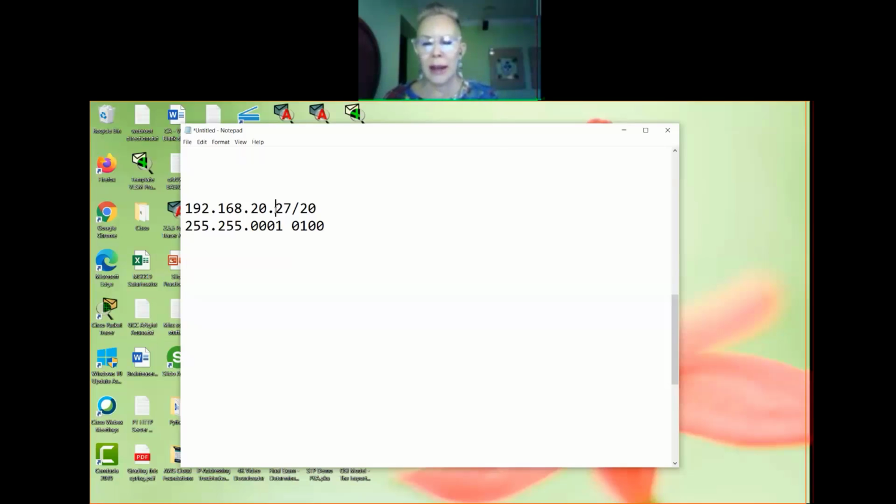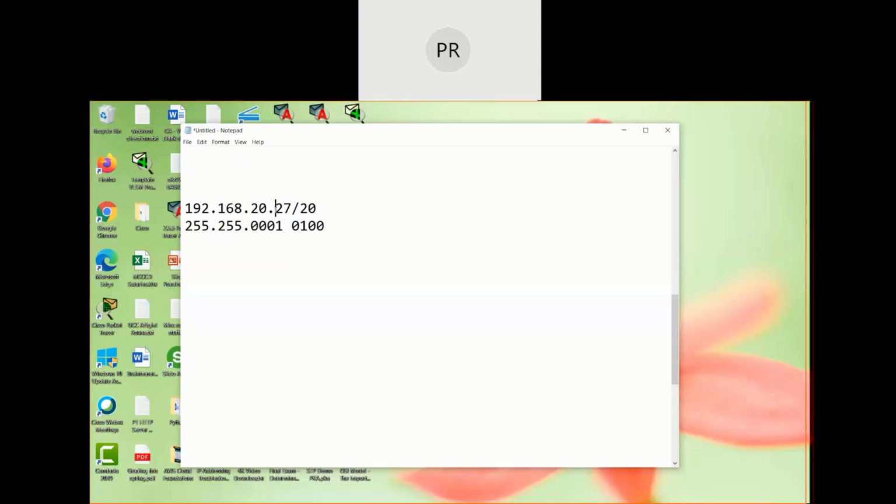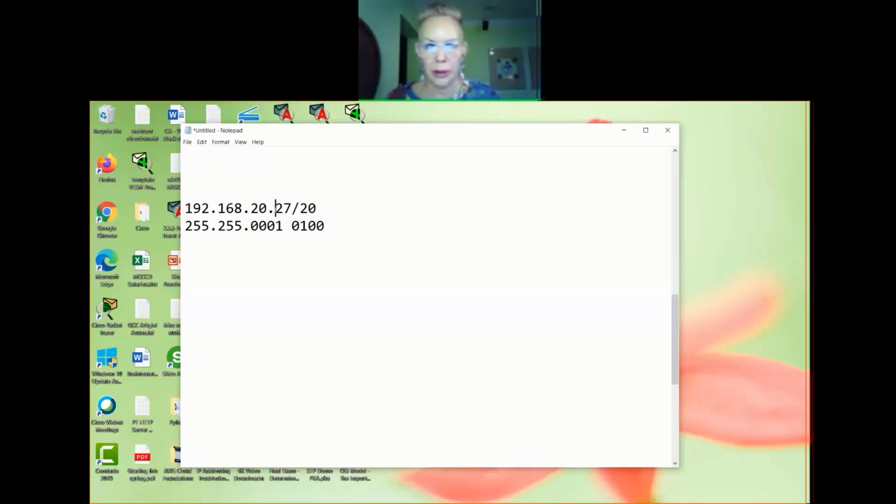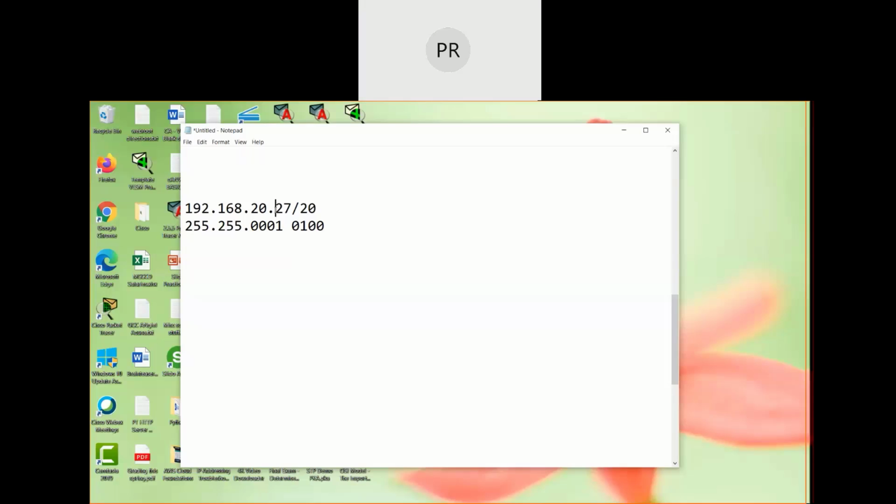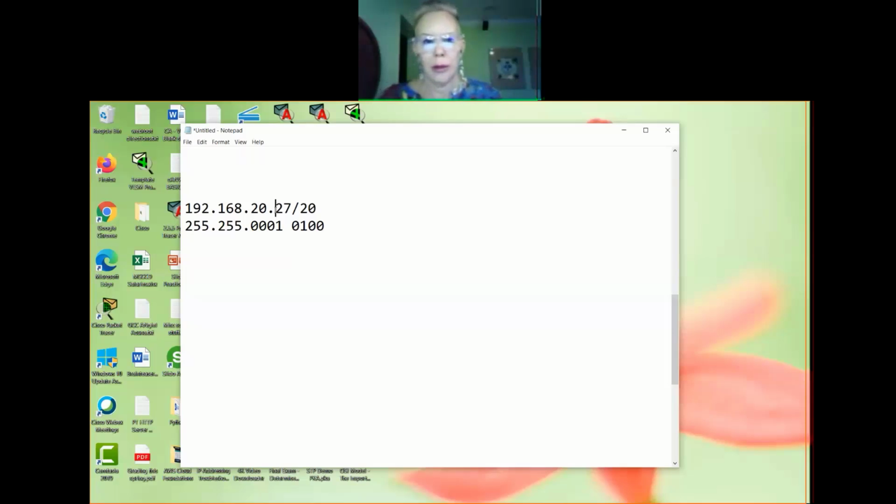Why don't I care about the fourth octet when I'm figuring out the network address, Pedro? Because there's 32 bits and you only need 20 for network. Okay, and the rest are all what? Host bits. Yeah, they're all host bits. So because they're all host bits, what do I do to them?